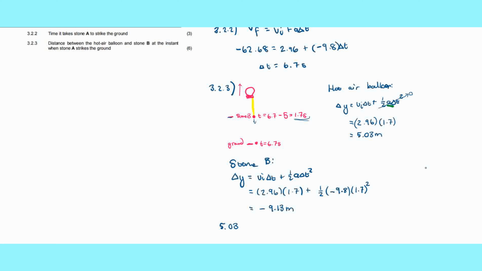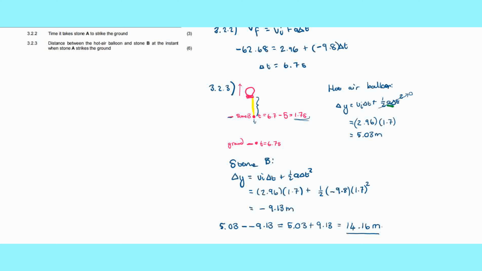Or rather, we can subtract, so minus 9.13, which is effectively adding, because a negative and a negative will make a positive. So 5.03 plus 9.13, and this will give us 14.16 meters. This 14.16 meters is this distance here between the hot air balloon and stone B at the instance where stone A strikes the ground.